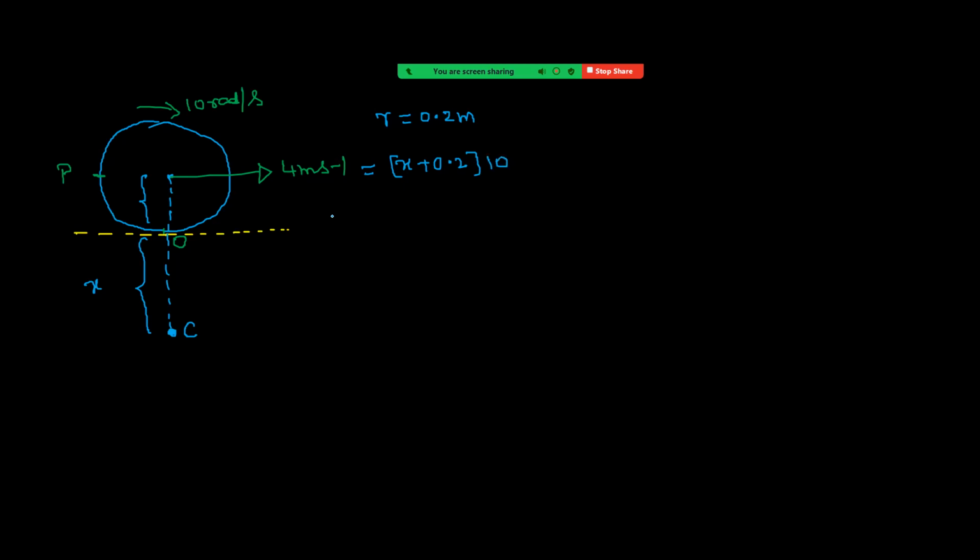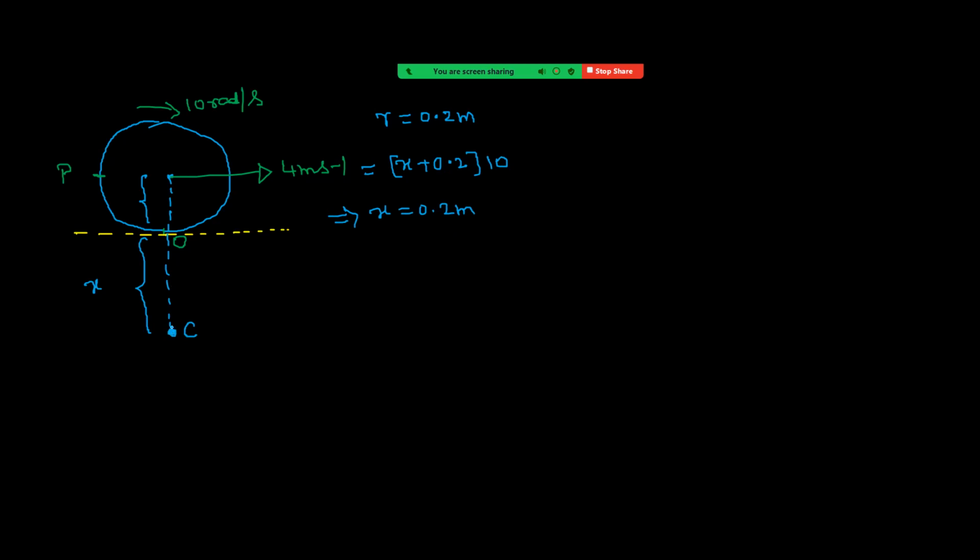Now see what is the value of x. 4 by 10, 0.4. 0.4 minus 0.2. x is 0.2. That means the instantaneous axis of rotation is at a distance 0.2 from point O. It is below point O.